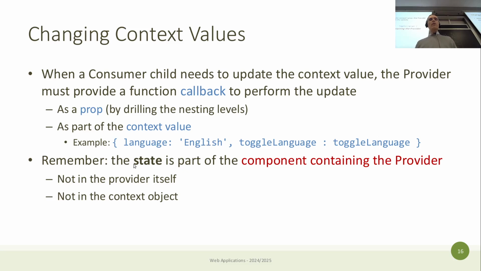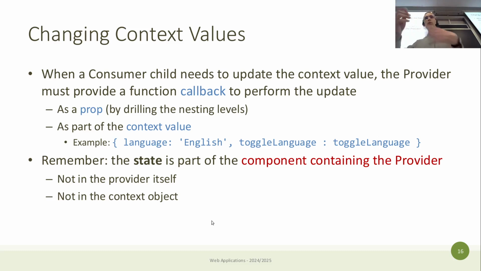Just remember the state is part of the component containing the provider. It's not in the provider itself. We don't have access to the provider. The provider is created by createContext. It's created by React. We cannot write what's inside the provider, and it is not in the context object either.